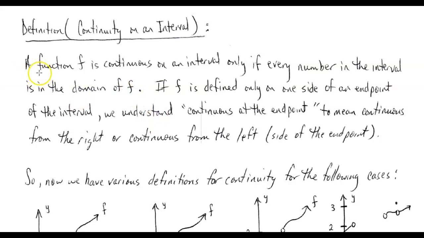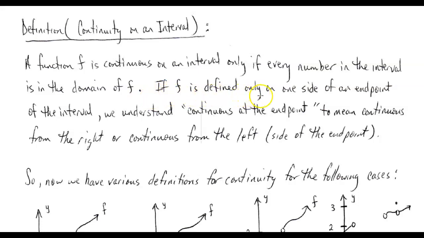So here we see that we have a function f is continuous on an interval if and only if every number in that interval is in the domain of that function f. Meaning every x value that you choose, you plug it into that function, you get a corresponding y value out. Or every x value that you have has a corresponding y value to go with it.